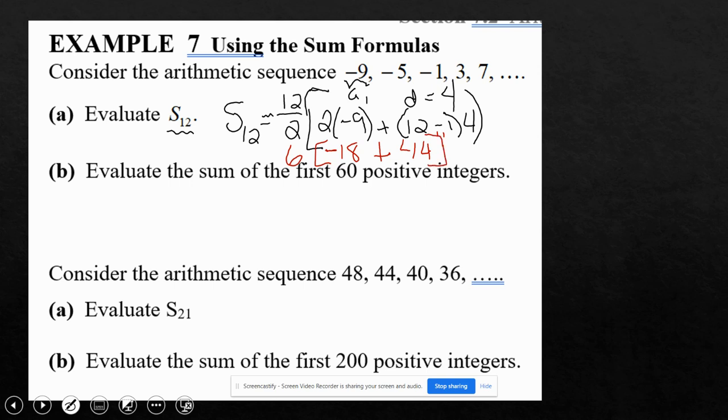So I do all of that math, and I end up finding that the sum of the first 12 terms, so if I add all of the first 12 numbers together, I would get an answer of 156.